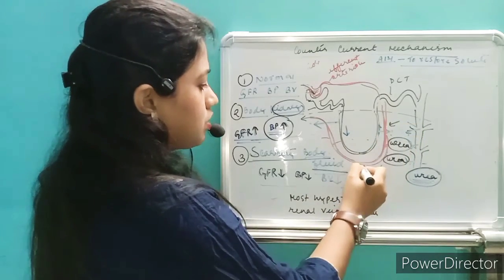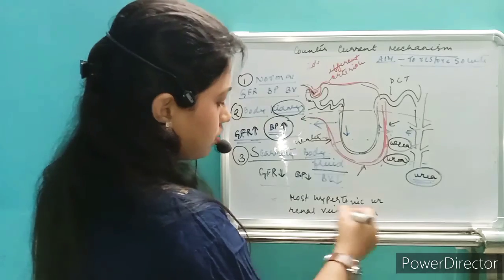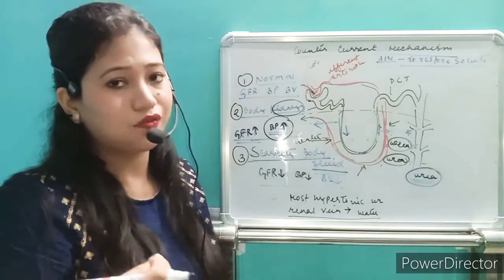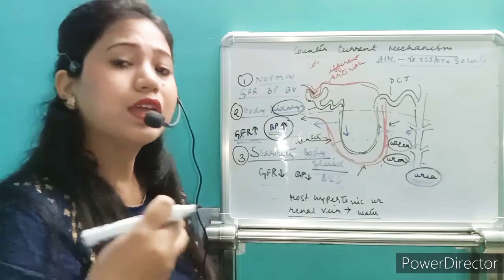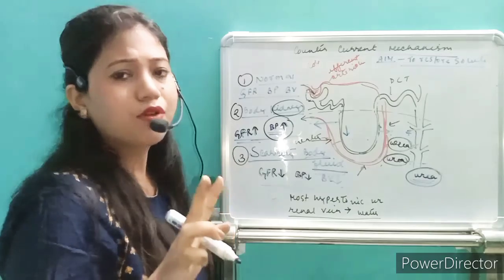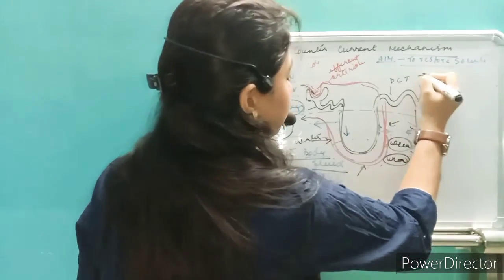So in this condition, we'll try to reabsorb maximum water, and that water will go to the renal vein, okay, because whenever we have scarcity of fluid, what happens? There will be two types of hormones that will rise. What are they?